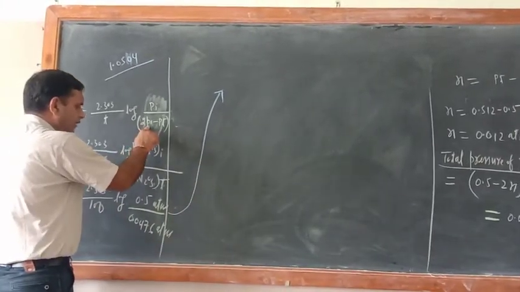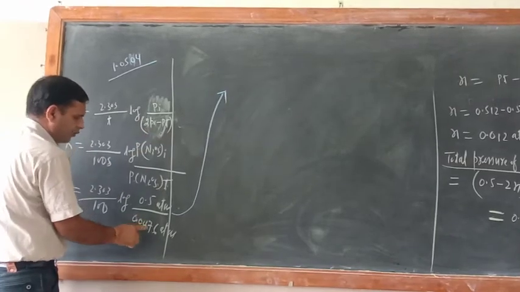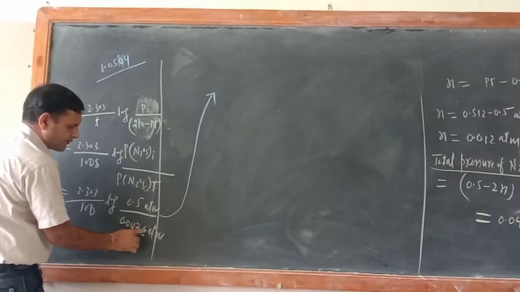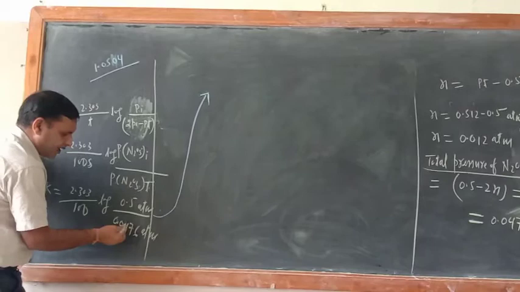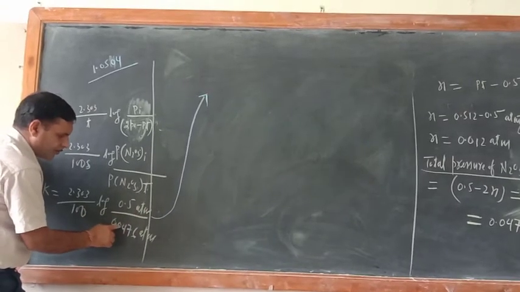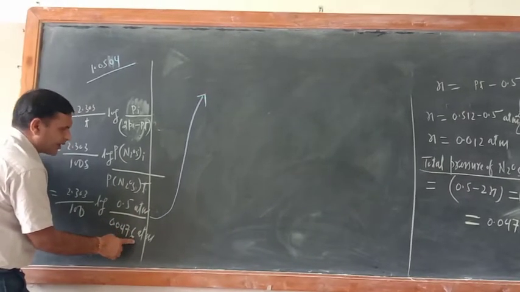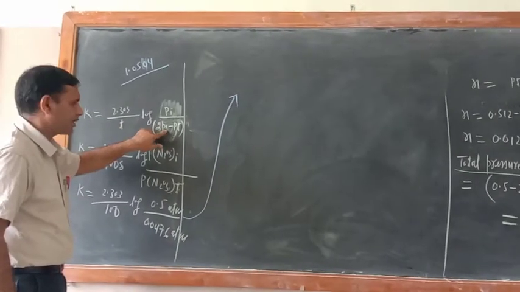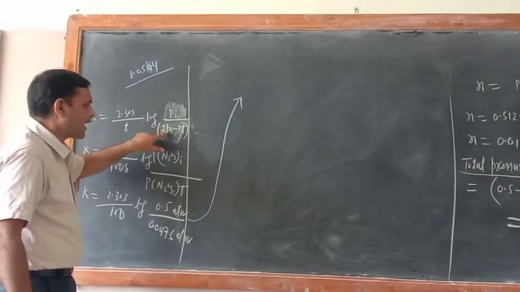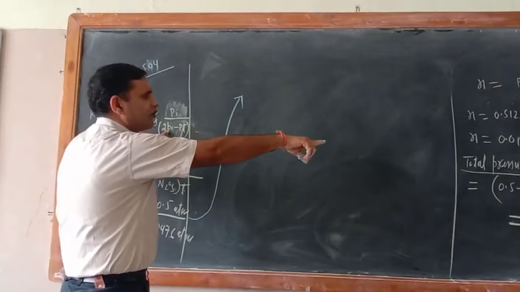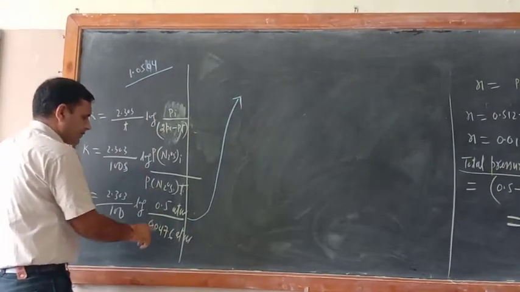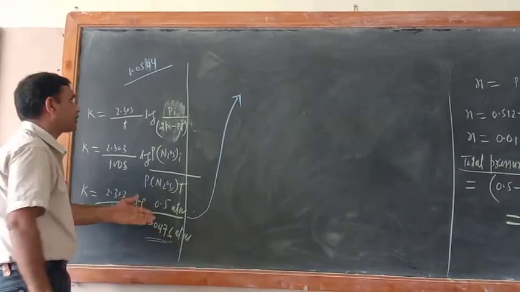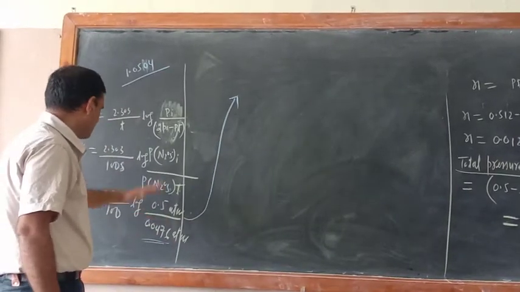So again you will get this value, 0.0476, a little bit of difference will come. Here 0.488 will come. So if you want to solve from this formula, that can also be solved. There is no issue. But since I have simplified it there, you can see that everything we have simplified and we have got this one.